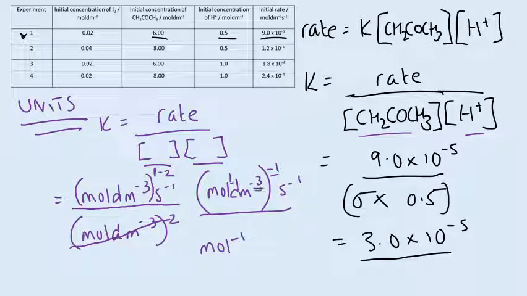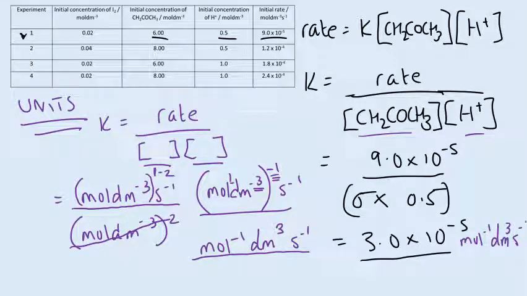Then minus 3 times minus 1 is plus 3. So my units are mol minus 1 dm cubed seconds minus 1.